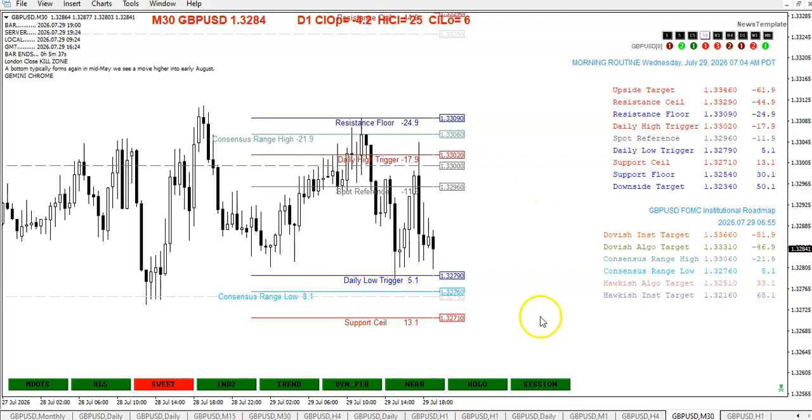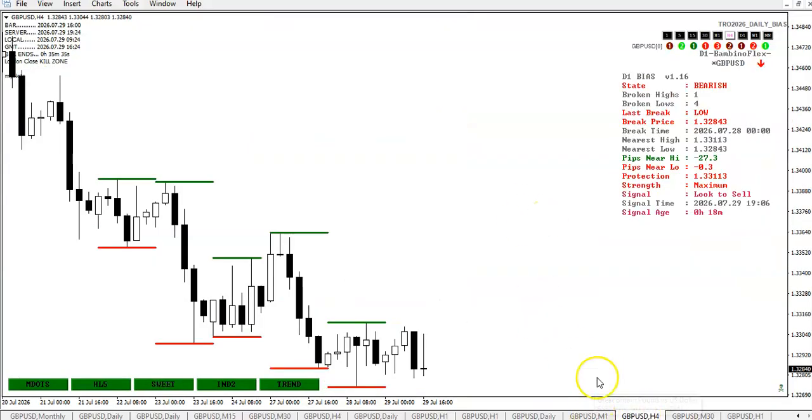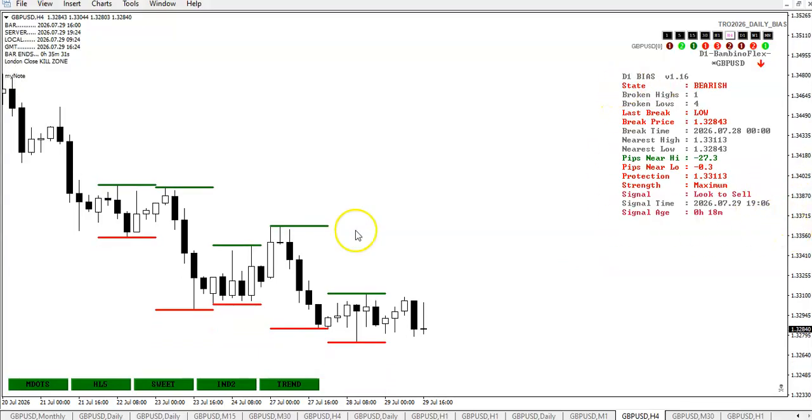So right now, everything is getting pretty well squeezed. Daily D1 bias. You can see here, 1, 2, 3, 4, the last 5 days. So once again, there's that lowest low, highest high over the last 5 days. Look for a breakout right here.